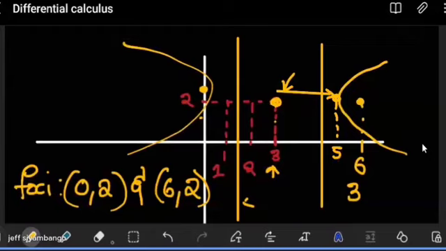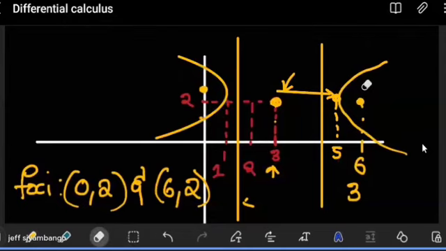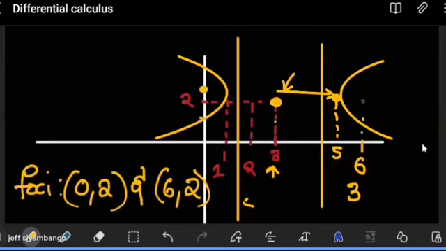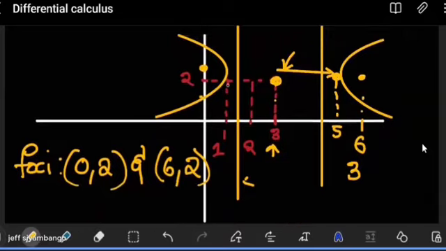So this vertex on this side is going to be at 1, and here we also have the vertex at 5. So basically, the vertices are (1, 2) and the other one, (5, 2).